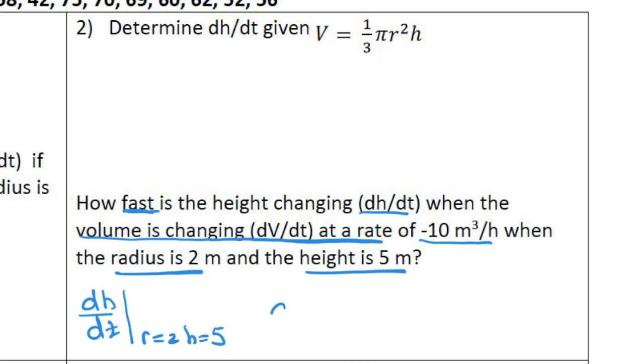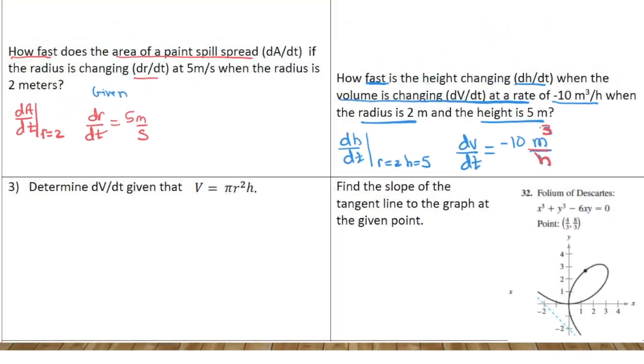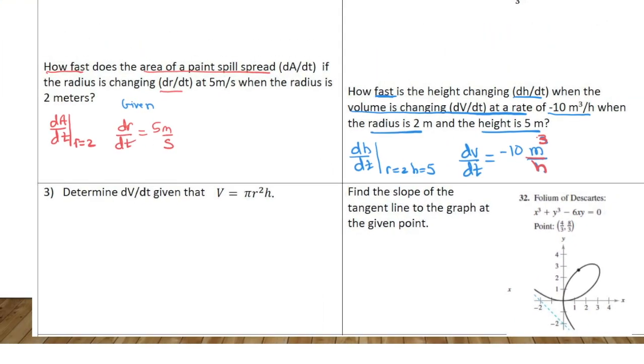But you're also given that dV/dt is equal to negative 10. Now look at your units, meters cubed per hour. So this would be a volume, there's your cubed, per hour, because that's your time. Give this question set a try and check your answers when you're done.